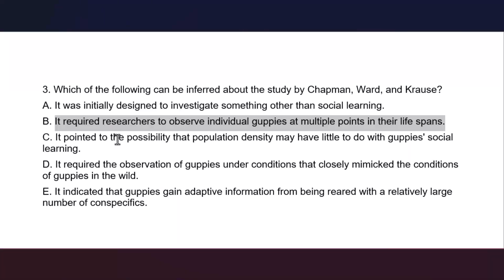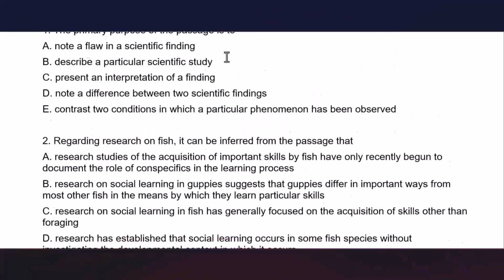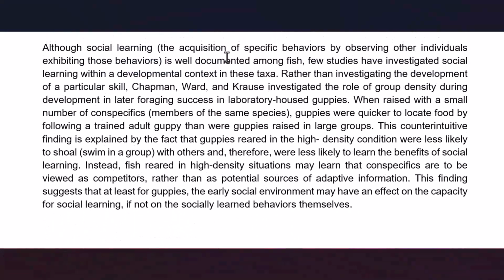Like option A, this option seems correct, but there is a considerable degree of certainty to the correctness of this option, because let me go back to the passage, in sentence 2 here. We read that Chapman, Ward, and Krauss investigated the role of group density during development in later foraging success in laboratory-housed guppies. This is the keyword: later foraging success.